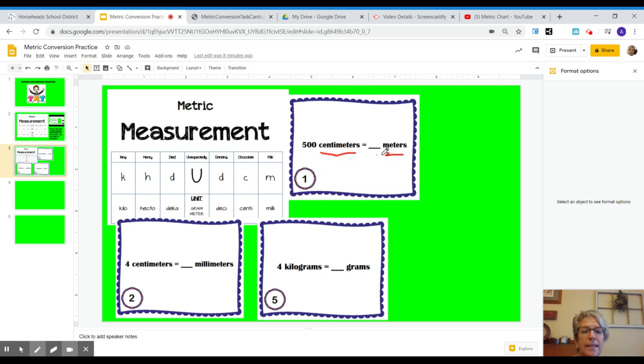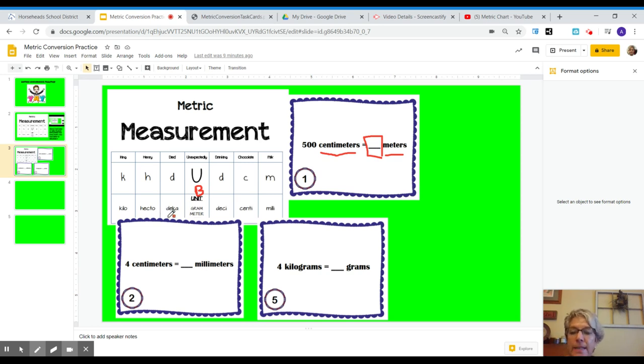So it's asking us, how many meters does 500 centimeters equal? So centimeters is, let's review this. King Henry died unexpectedly, I say by, base unit, drinking chocolate milk. So the K stands for kilo, like kilometer. H is hecto.